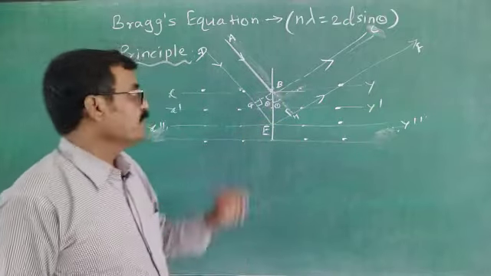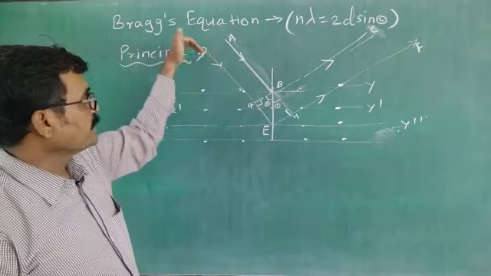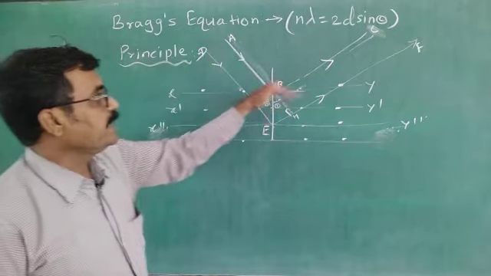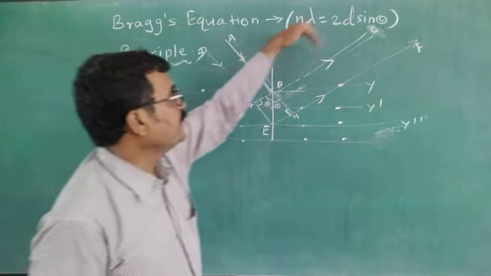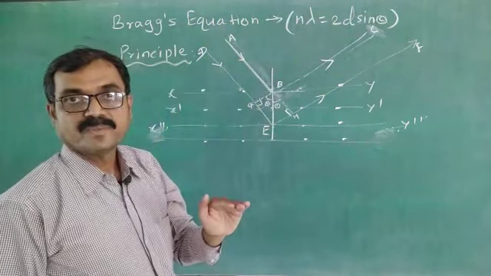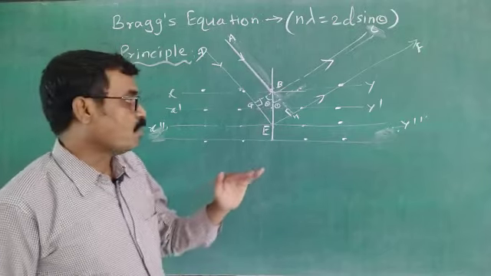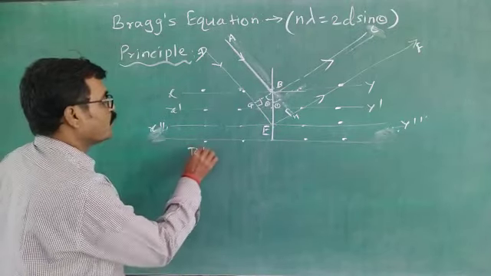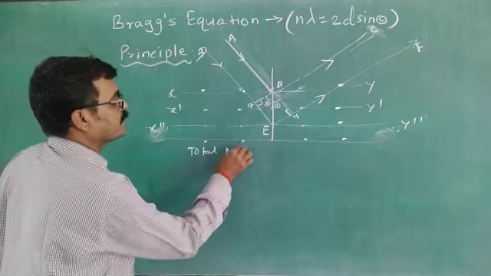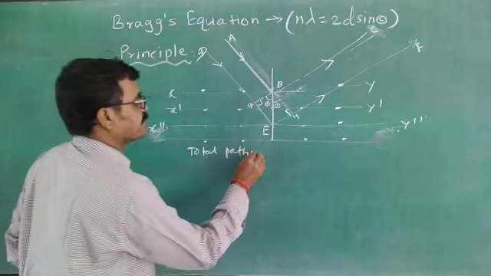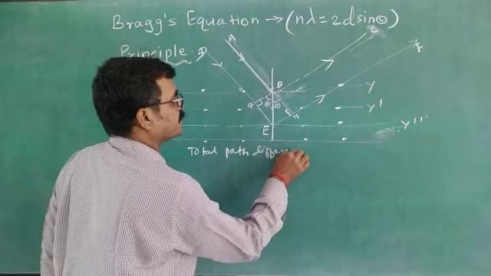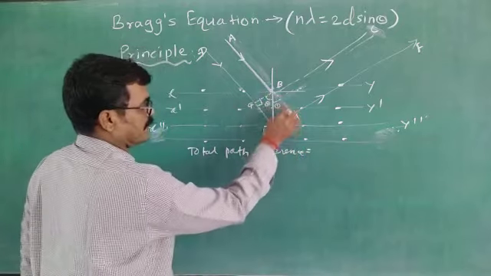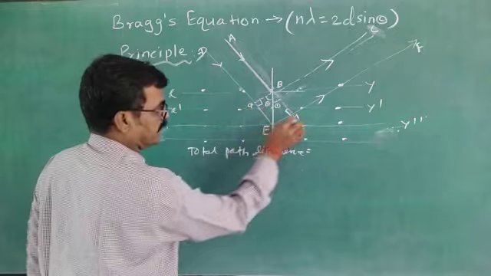It is clear from the diagram that DEF is greater than ABC. Now what is the path difference? The total path difference between the incident X-ray and the reflected X-ray is GE plus EH.